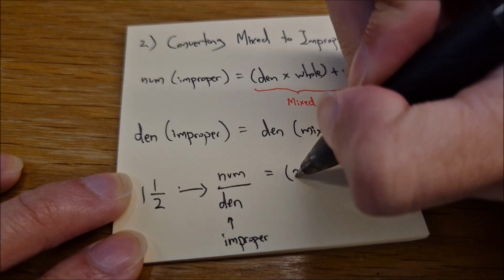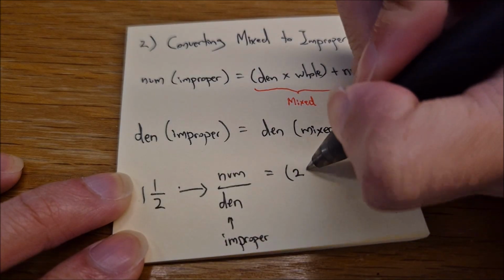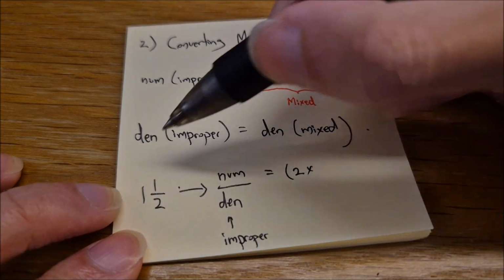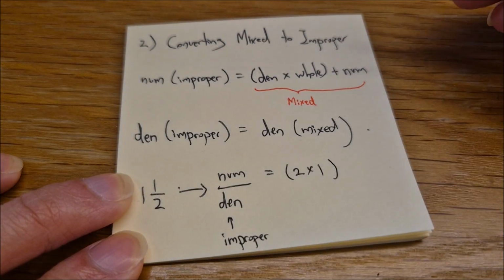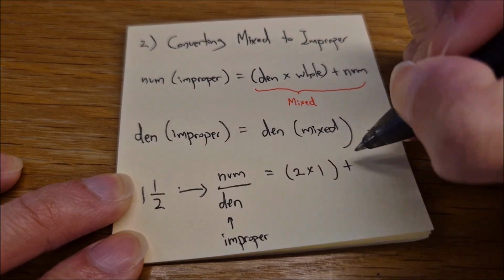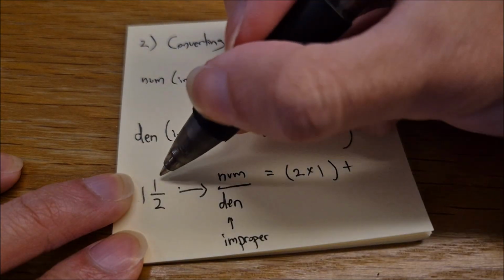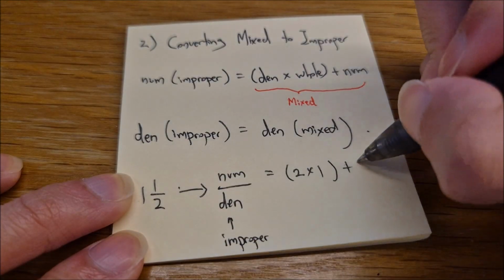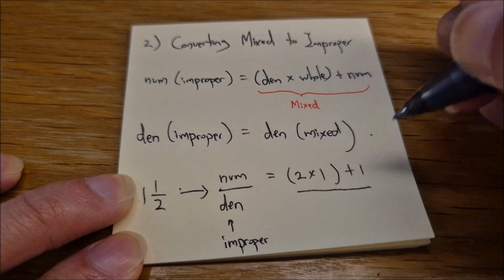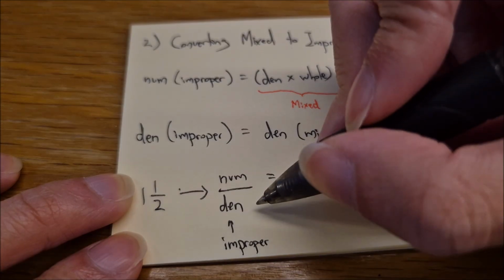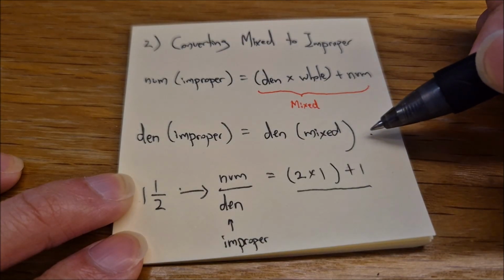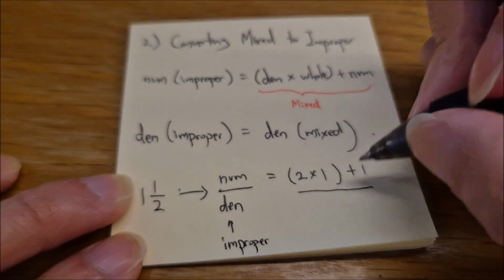So let's put 2 here, times the whole number, which is just 1. And finally we add the numerator, so that's just 1. And we know it's going to be divided by the denominator, which will just be 2.